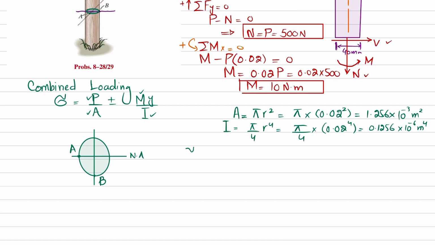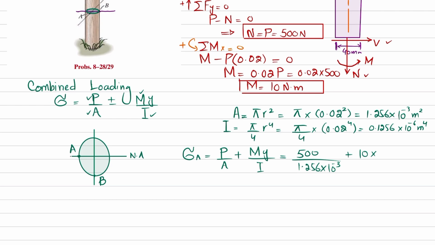So sigma at point A will be equal to P by A, if we take plus, M into Y divided by I. So P is given as 500, area is 1.256 into 10 raised to power minus 3, plus moment is 10, and Y, what is the Y?